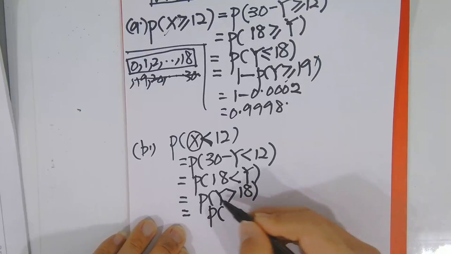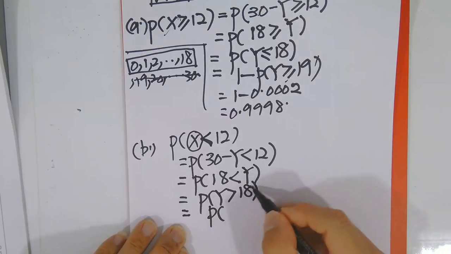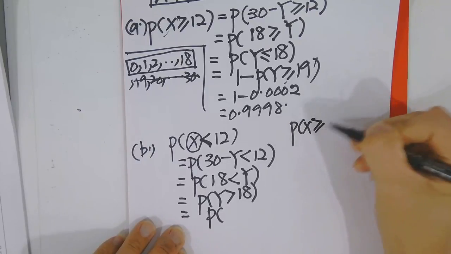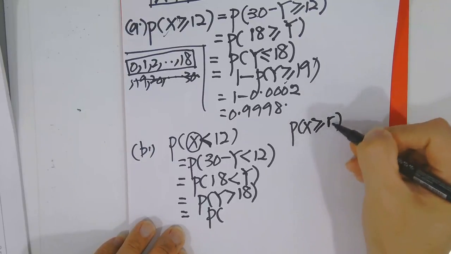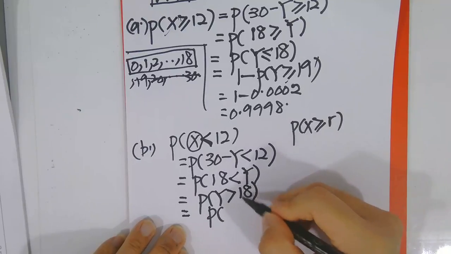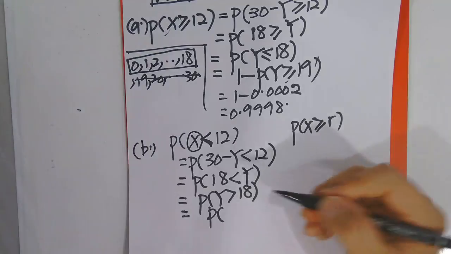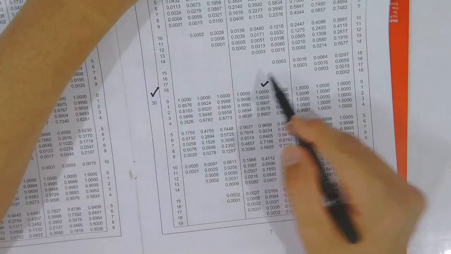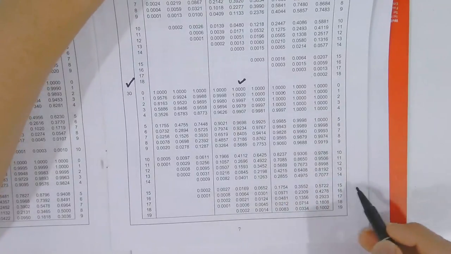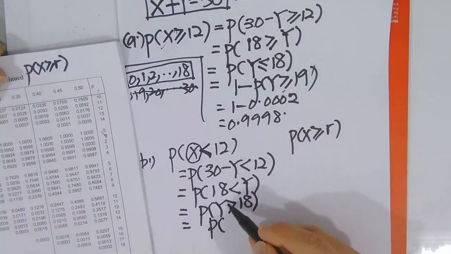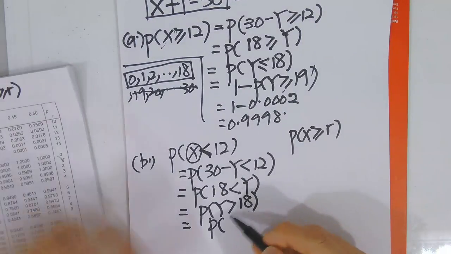So probability of y greater than 18. You know that our statistical table must be in the format of x greater or equal. This is greater than 18, so we cannot just straight away take 30, 0.3 and find the value of 18. No, this is incorrect. This is greater or equal 18, but now it's greater than 18.